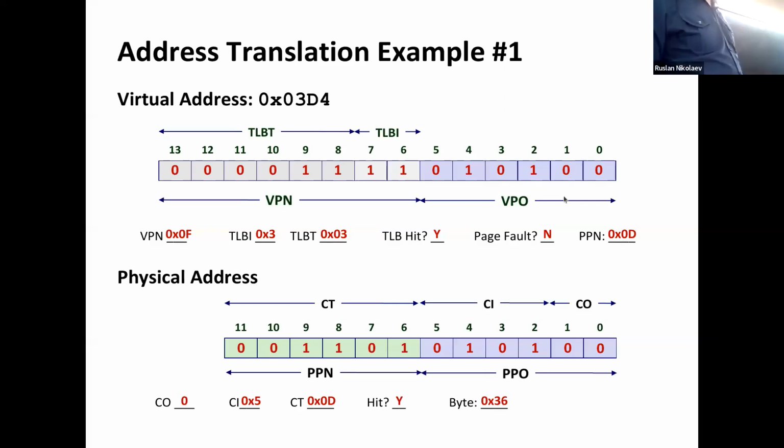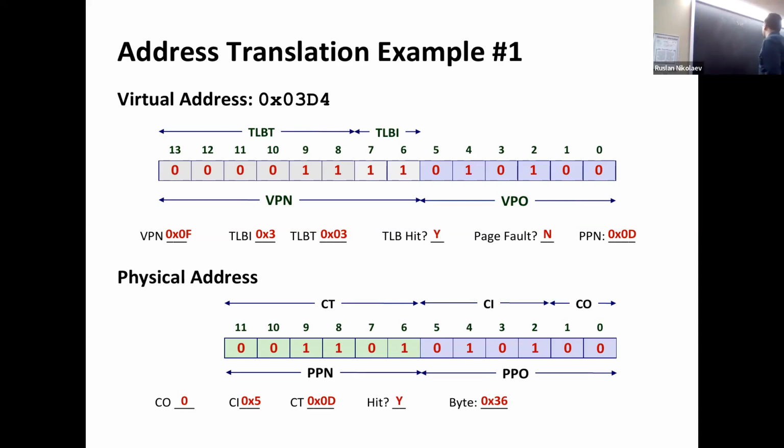So we have 3D4, right? That's our virtual address. Maybe that's something that we found in some pointer and we need to translate it. So how will the CPU translate it?